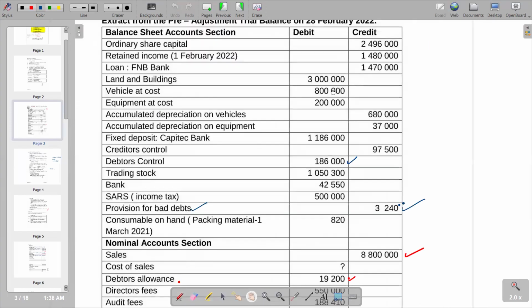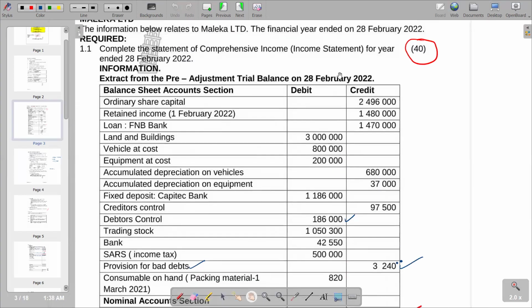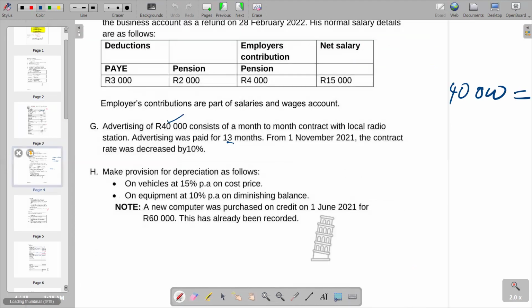Our year is ending 28 February 2022, so the opening date is going to be the 1st of March. From March, April, May, June, July, August, September, October, then on 1 November it was decreased. So I've got 8 months before it decreased.